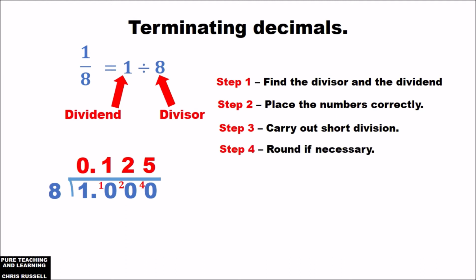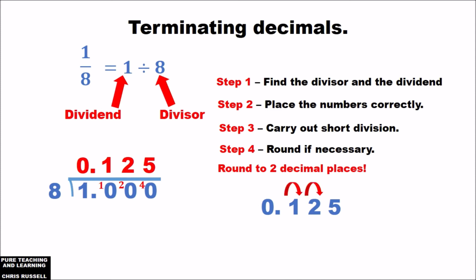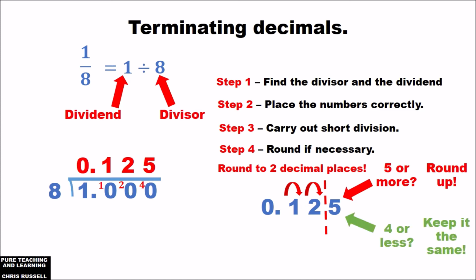So step 4, round if necessary. If we want to round to 2 decimal places, this is what we have to do. We have 0.125. So we want to round to 2 decimal places. Starting from the right side of the decimal point, in between the 2 and the 5, we can draw an imaginary vertical line, and we see if that next value is 5 or more, and if it is, we round up.